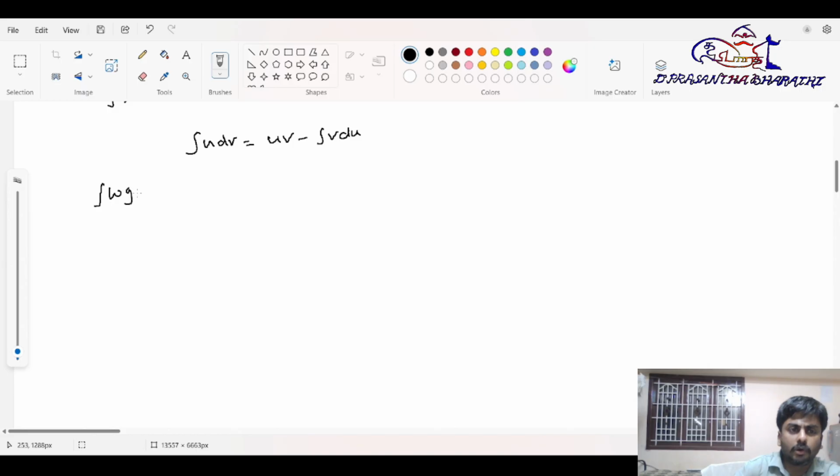Many students are getting confused with the integration of log x dx, because we know that the integration of dx by x, that is the integration of 1 by x dx, gives log x.